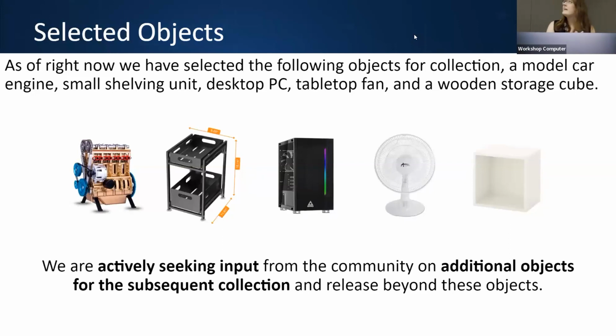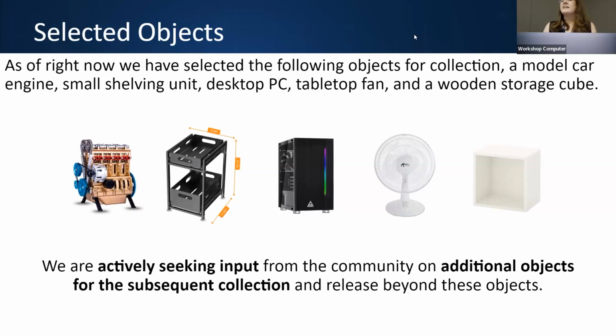So as of right now, we have a few objects selected for the next round of collection. This is the model car engine, which is our most complex object. A small metal drawer assembly, a desktop computer, a fan, and a small wooden cube piece of furniture.